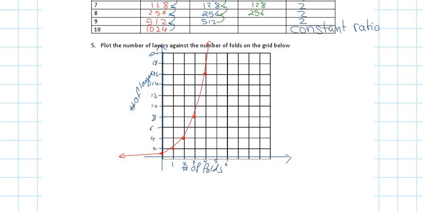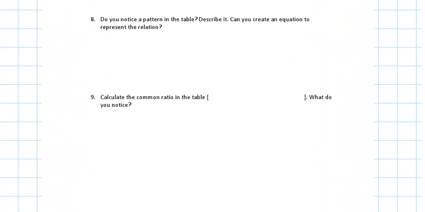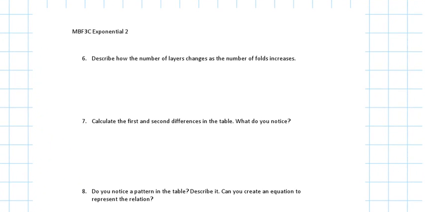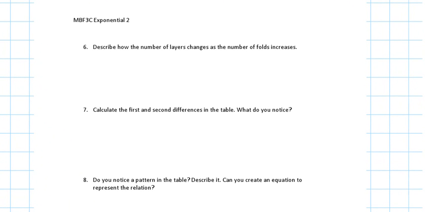Okay. We've already kind of talked about this. So it's asking you to describe how the number of layers change as the number of folds increases. What did you guys answer for this? What happened to the number of layers? How did they change? They doubled.